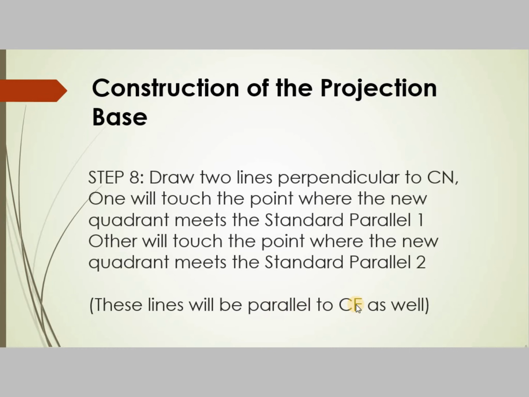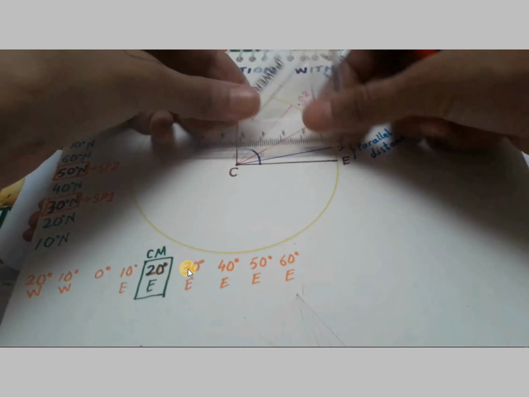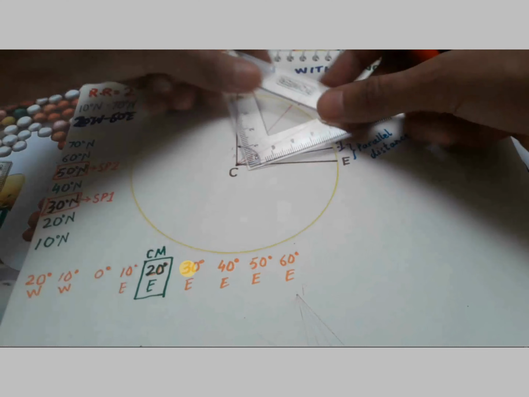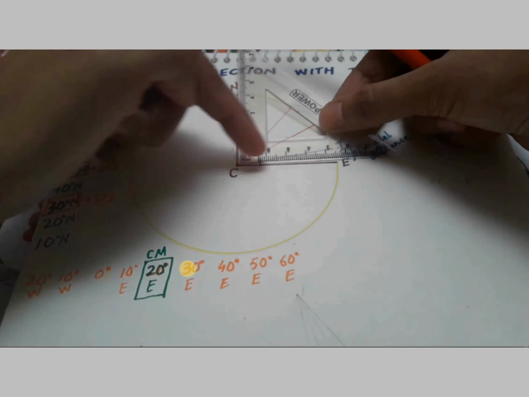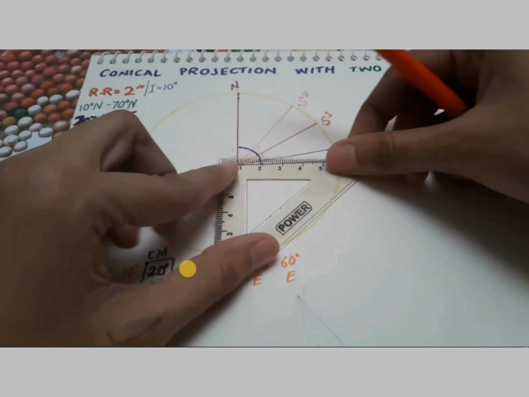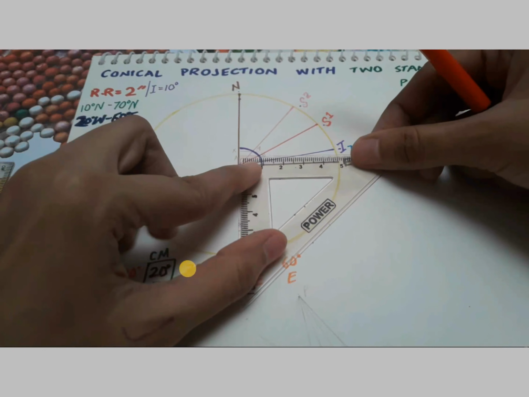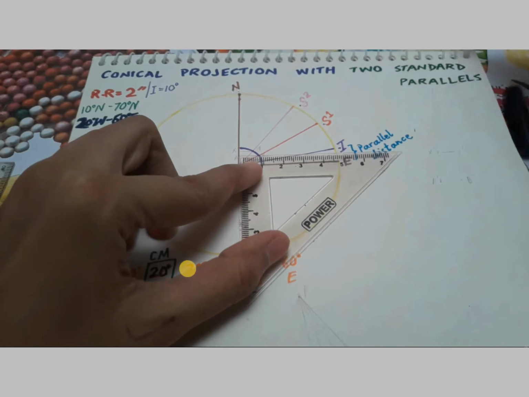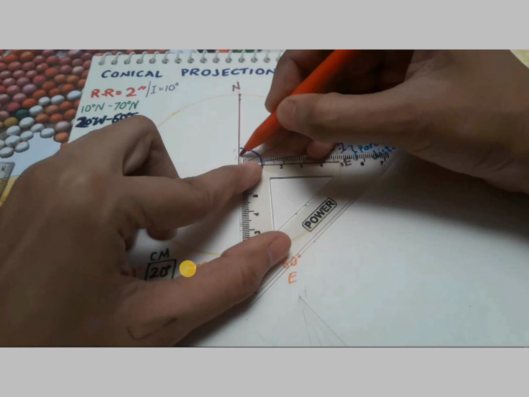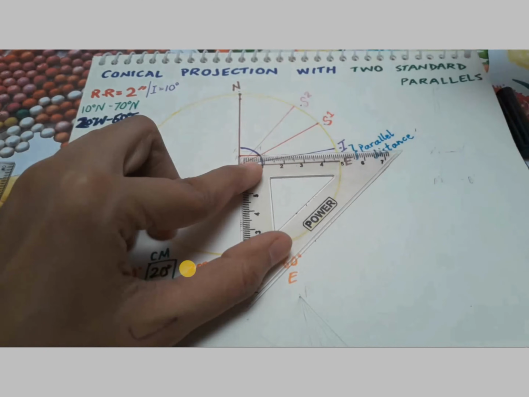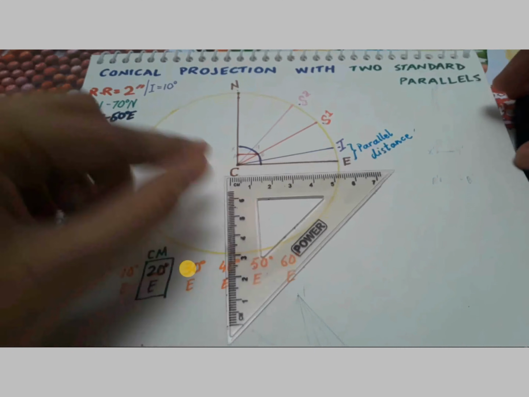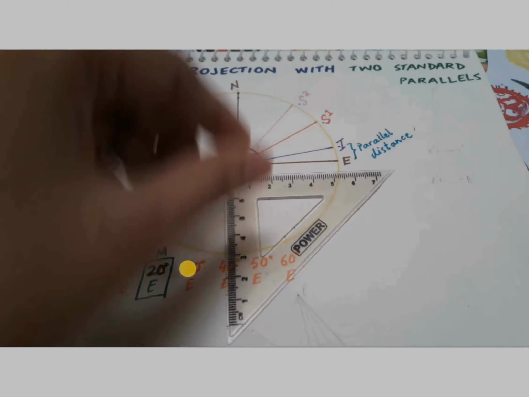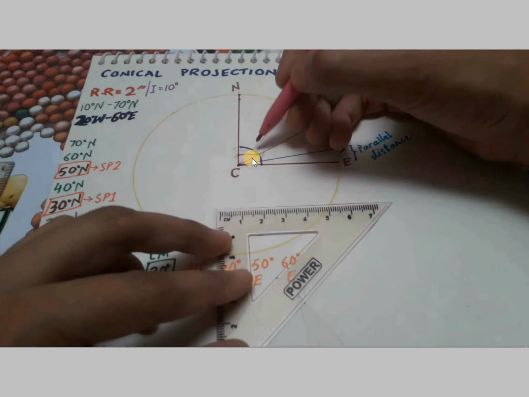So let's see how it will be done. So here we are using the set square to make a perpendicular, keeping it on CN. We are drawing the line to meet the point where the quadrant is touching the standard parallel 1, this tiny little orange line over here.